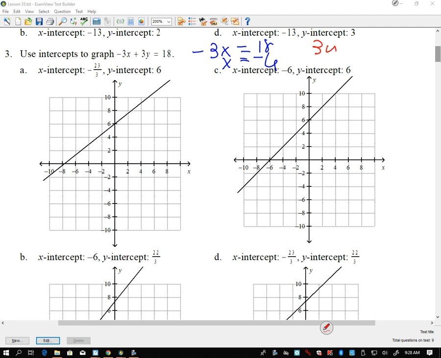So we're going to write 3y equals 18, and then you're going to divide by 3, and you're going to get y equals 6. All right, so we should be at an x-intercept of -6 and a y-intercept of +6. Right, and I can plot those points between it. Notice on B, they said that the y-intercept was 22/3, which is incorrect. So we understand that C is our answer, right? It feels even easier now as we've done a little bit more.